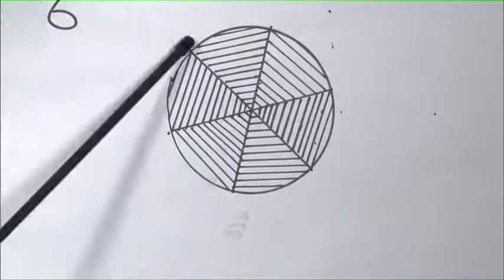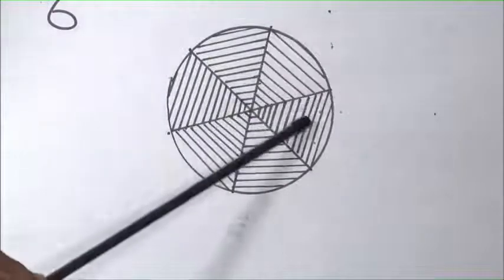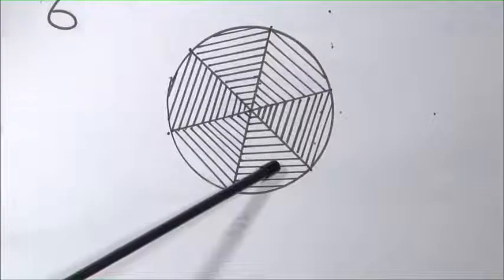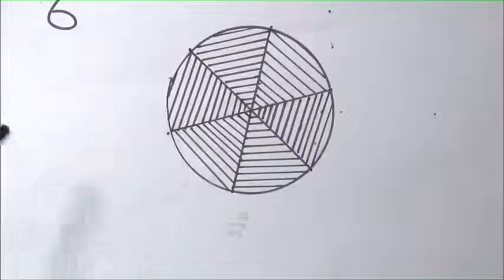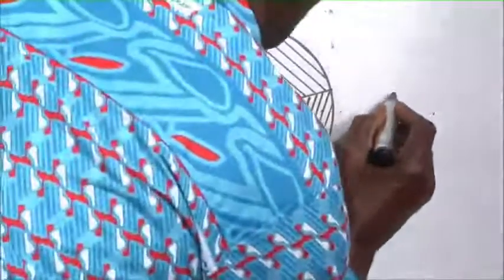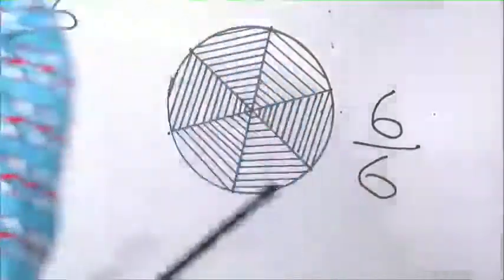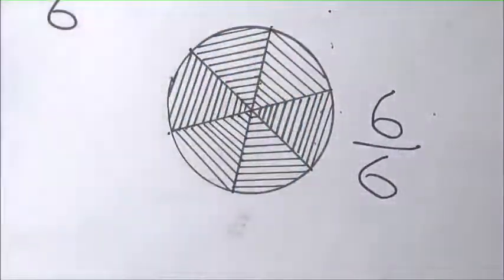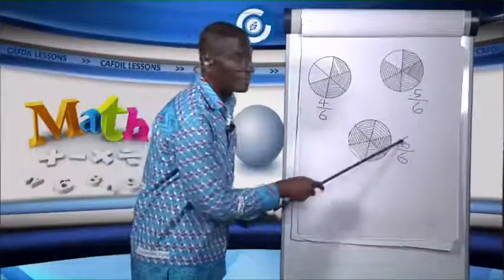Let's count. 1, 2, 3, 4, 5, 6. So what fraction of the circle has been shaded? Six out of 6, which we call, yes, 6 sixths.